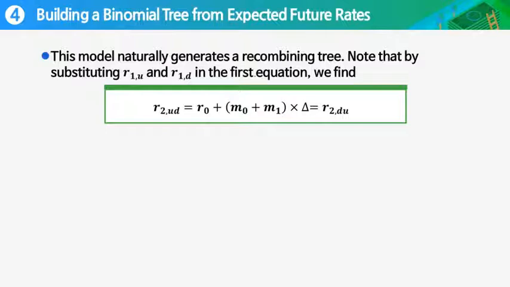And in this setting, this occurs. Note that by substituting R1U and R1D in the first equation, we find R2UD equals R0 plus M0 plus M1 delta, which is exactly the same as R2DU. So this kind of generating tree is a recombining tree.